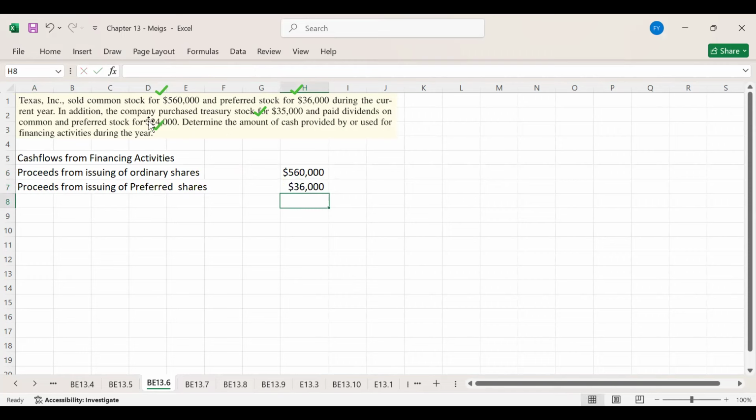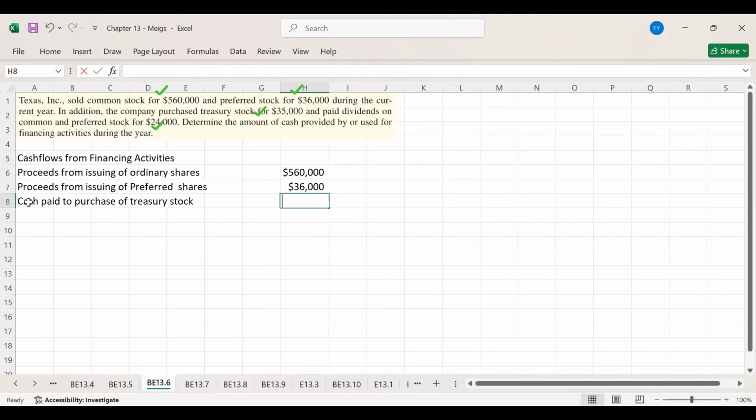Again, we have purchased treasury stock. So cash paid to purchase treasury stock. This is just like buying back its own shares from the open market. For this, the company has to pay cash to those shareholders.